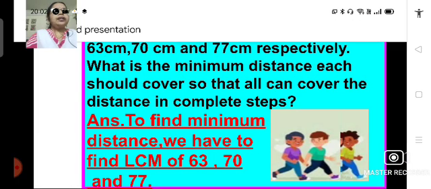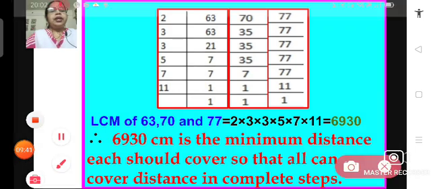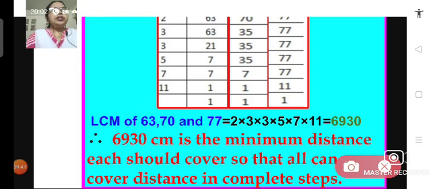So let's do that. For finding the LCM of these three numbers, what we do? We write them in a row. We write 63, 70 and 77 in a row and start dividing by the smallest prime number, that is 2. 2 can divide 70. So in the next row we get 63, 35 and 77.